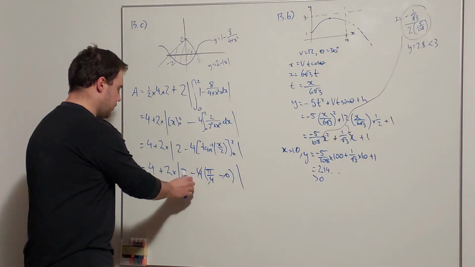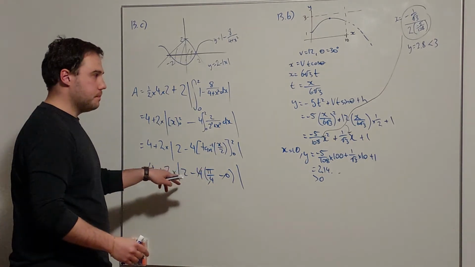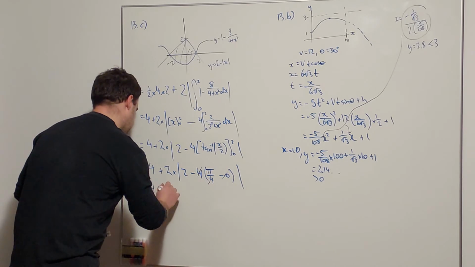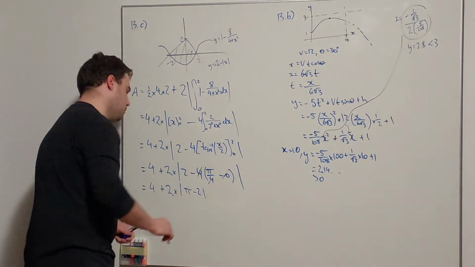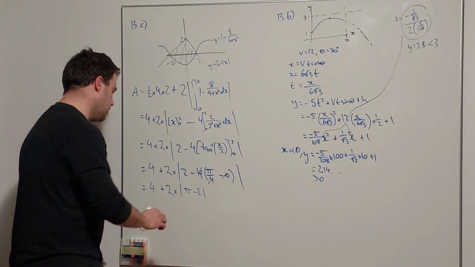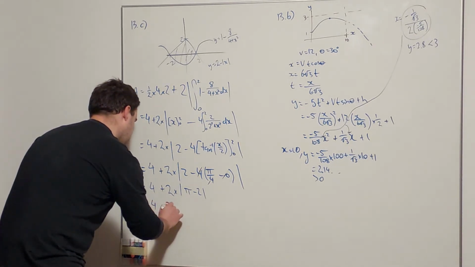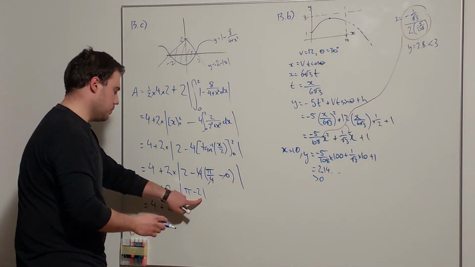Absolute value of 2 minus pi, but since pi is bigger than 2, we'll reverse the order inside the absolute value. So now we've got the bigger one minus the small one, and then we've got 2 times whatever that is. So equals 4 plus 2 pi minus, right now we've got the bigger minus the small one.